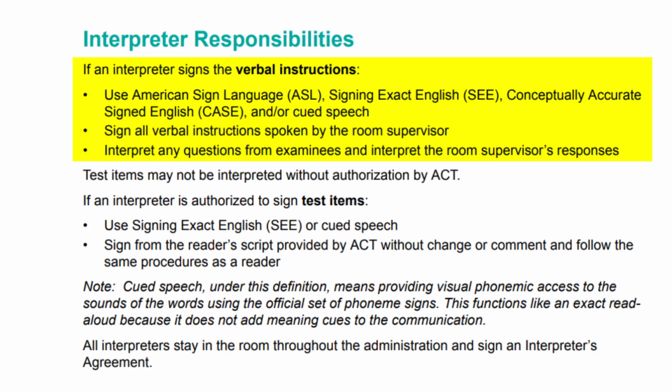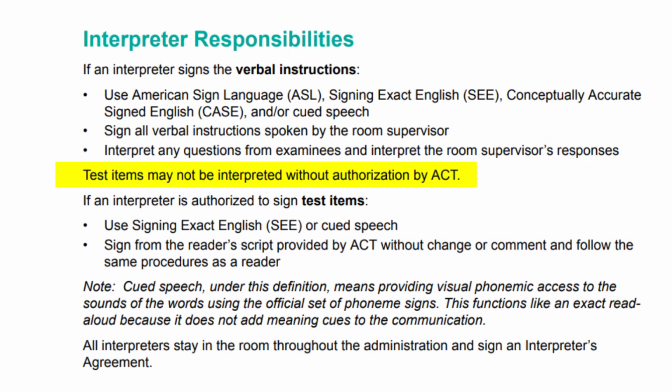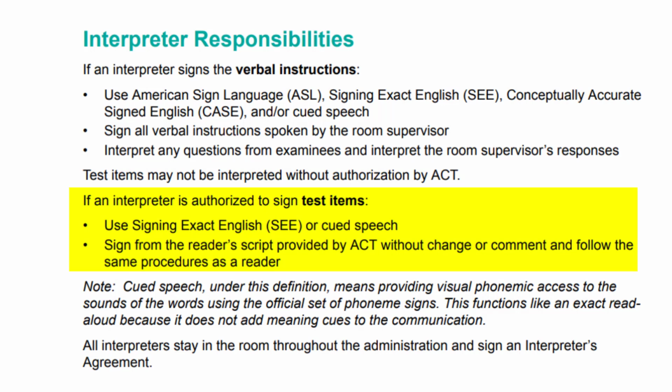Interpret any questions from examinees and interpret the room supervisor's responses. Test items may not be interpreted without authorization by ACT. If an interpreter is authorized to sign test items, use signing exact English or cued speech. Sign from the reader's script provided by ACT without change or comment and follow the same procedures as a reader.